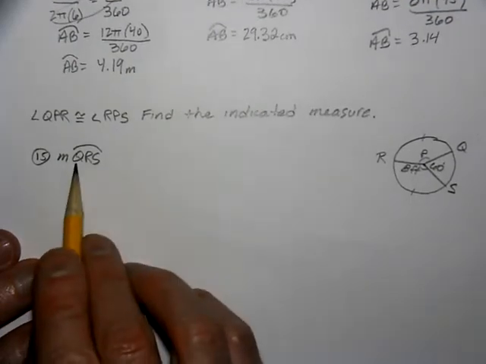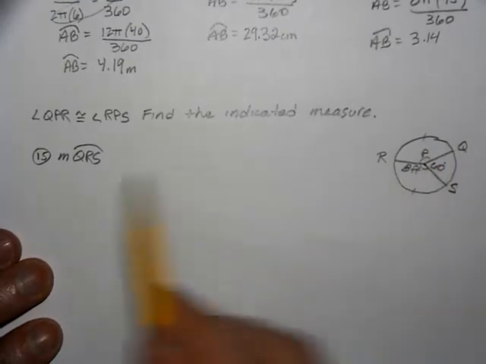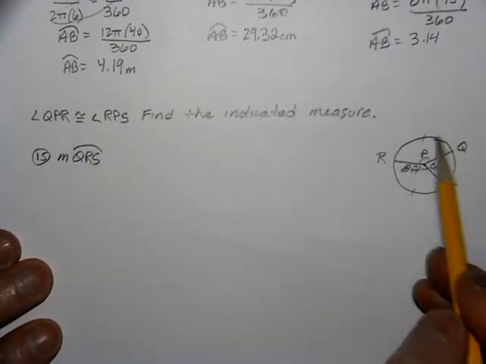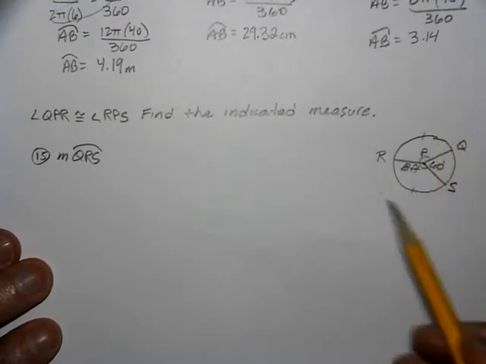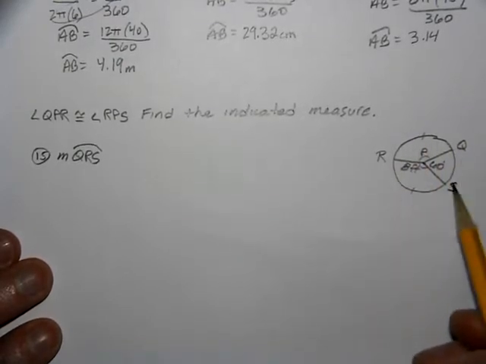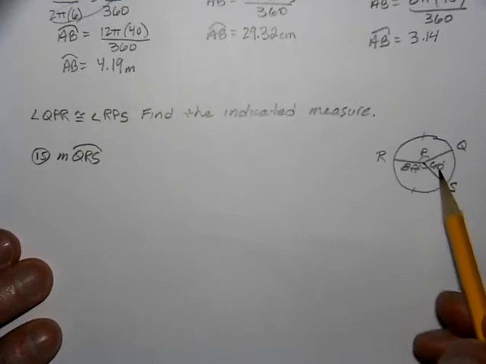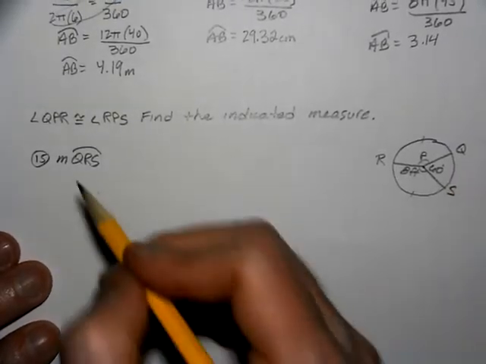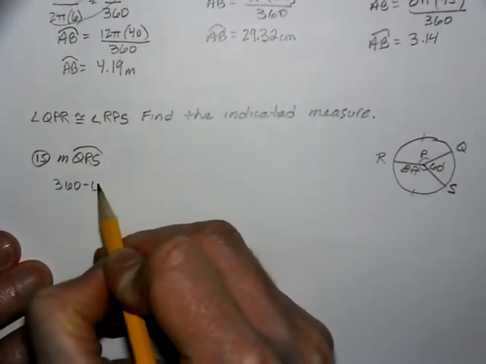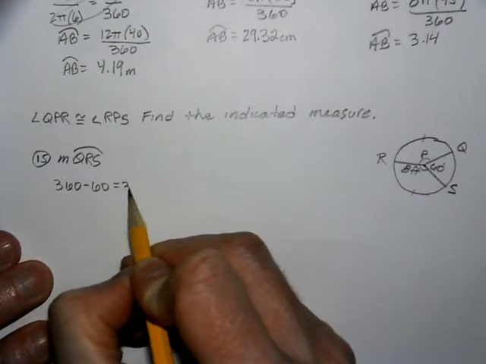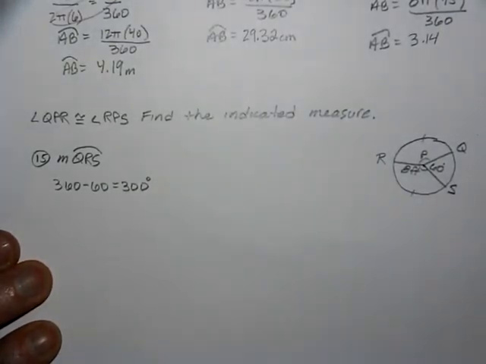We're supposed to find the measurement of arc QRS. Well, QRS is the whole thing, not counting the 60. Central angle equals the intercepted arc. So we're going to say 360 minus the 60. That tells us that we're at 300 degrees.